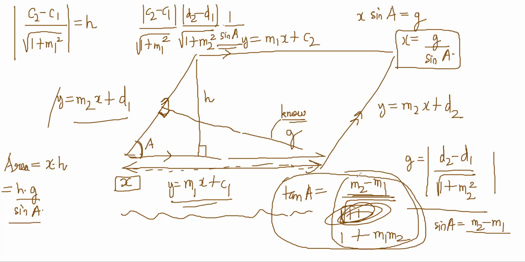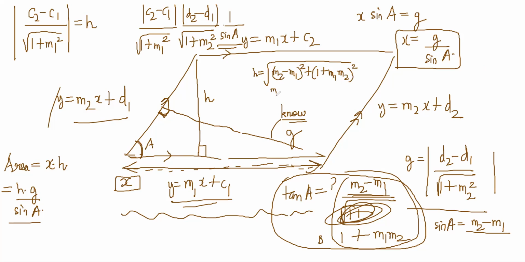The hypotenuse is the root of (m2 minus m1) whole square plus (1 plus m1 m2) whole square.